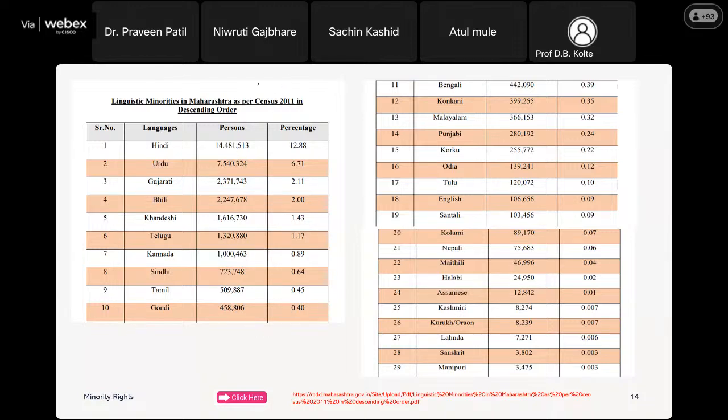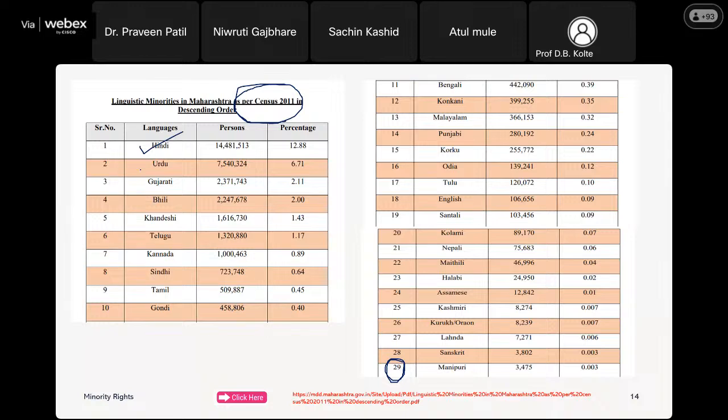The Maharashtra government has come up with a census in 2011, which has narrated 29 languages as the secondary language spoken in the state of Maharashtra, and therefore they have been classified as linguistic minorities in the state of Maharashtra.